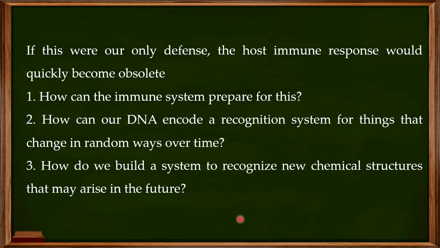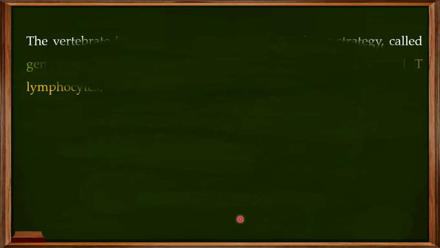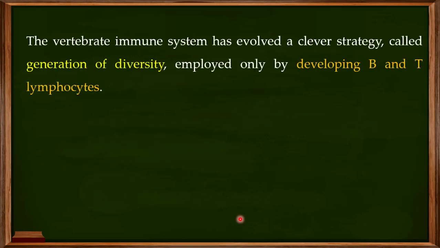Thirdly, how do we build a system to recognize new chemical structures that may arise in the future? These are some of the basic questions: how is the host going to adapt itself to the evolution in the pathogens? If you talk about human beings specifically, or vertebrates, the vertebrate immune system has evolved a very clever strategy for this. This particular strategy is known as the generation of diversity.